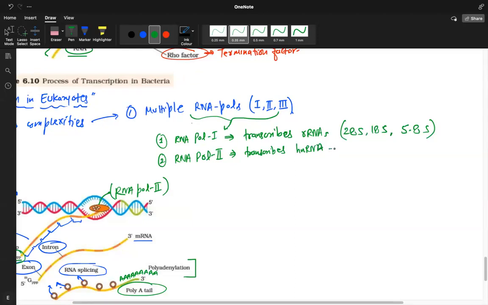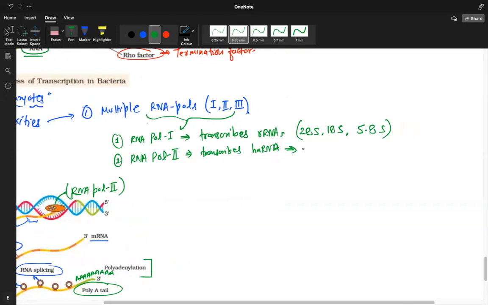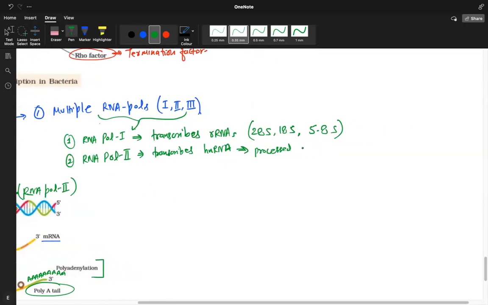This is immature, which later becomes processed, or we call it splicing, capping, tailing, and splicing. There are 3 things that happen in post-processing, post-transcriptional modification, we call it. So in post-transcriptional modification of the RNA, there are 3 things that happen, 3 processes.